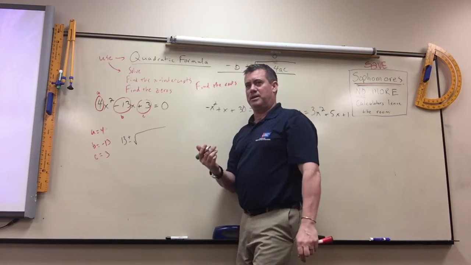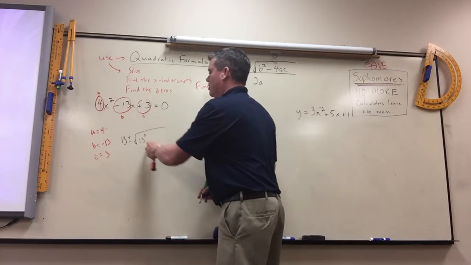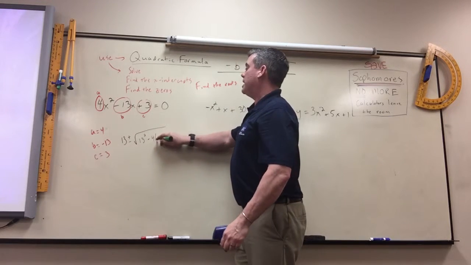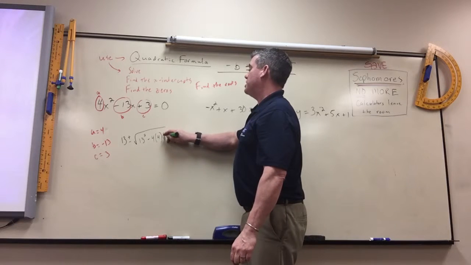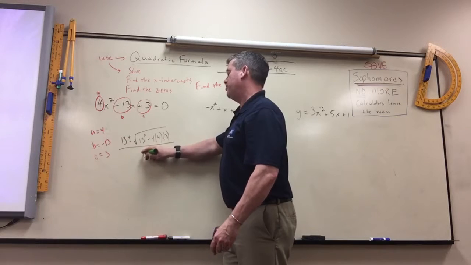Now, anyone remember what I talked about yesterday on the square? Positive. Right. Don't even put the negative in your calculator because it'll turn positive. Minus 4 times a times c, all over 2 times a, which is just 8.